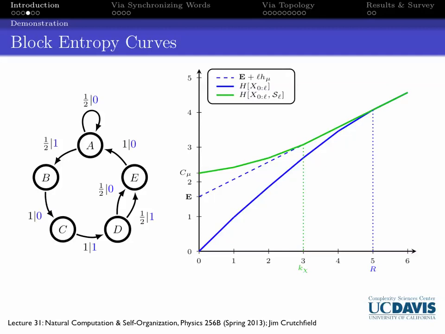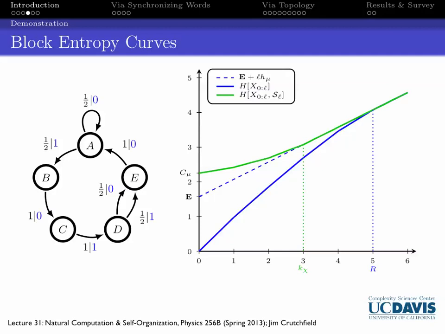If in the limit of infinite pasts, you will know exactly what state you're in, then this curve will eventually limit to this one, if we keep observing. Doesn't it have to be less than or equal to R because that's when you know the state by definition? Yes. It does have to be less than or equal to R in the case of asymptotically synchronizing machines. Oh, that's what you said, okay. I hadn't said that yet.